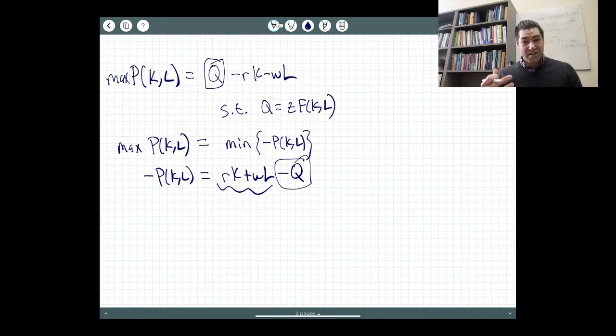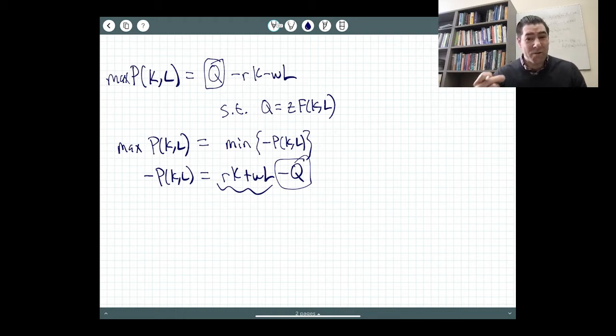So my maximization or minimization problem is really in RK plus WL, or minus RK minus WL.